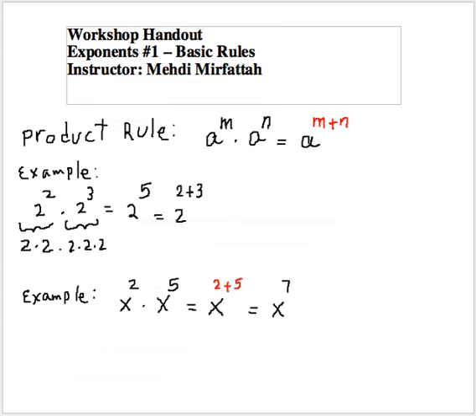The first rule we looked at was the product rule. We have a to the power of m times a to the power of n, which should be a to the power of m plus n. We looked at the example where we had 2 to the power of 2 times 2 to the power of 3. 2 to the power of 2 consists of 2 2's, and 2 to the power of 3 consists of 3 2's, so we have 5 2's.